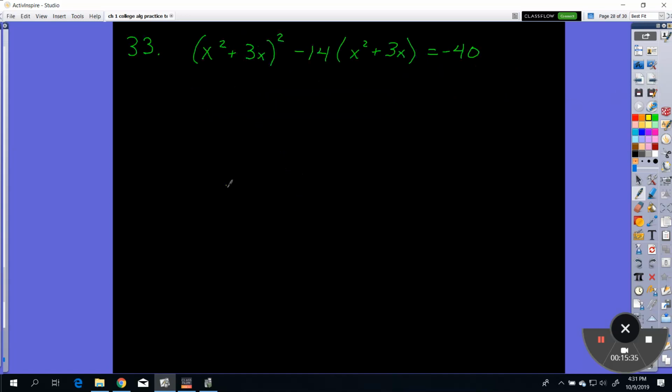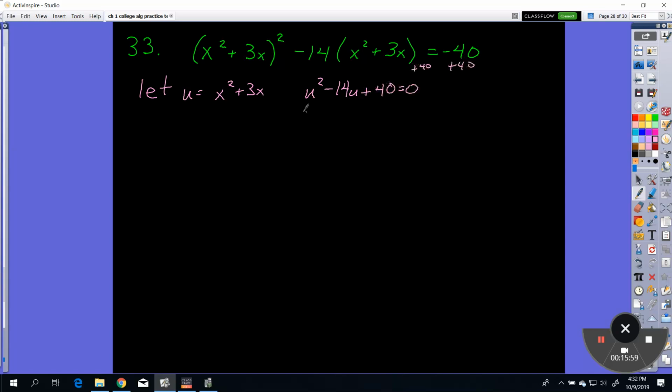So on 33, you're supposed to solve for x. My recommendation is to say let u equal x squared plus 3x. And then I see that this problem is just really u squared minus 14u plus 40 equals 0. So I added this 40 over to the other side to make it equal to 0.